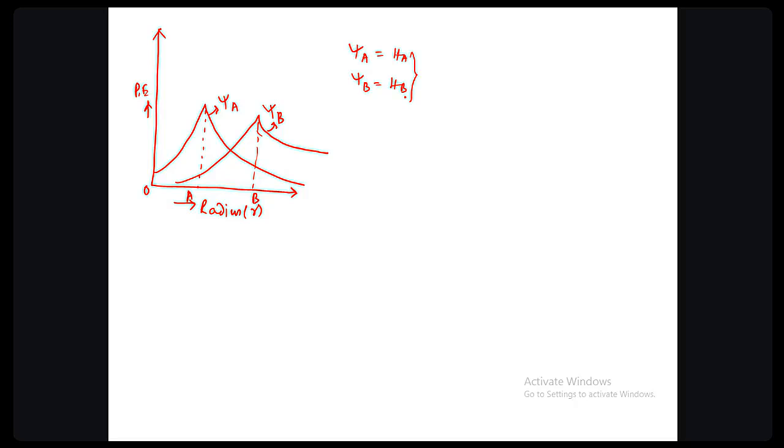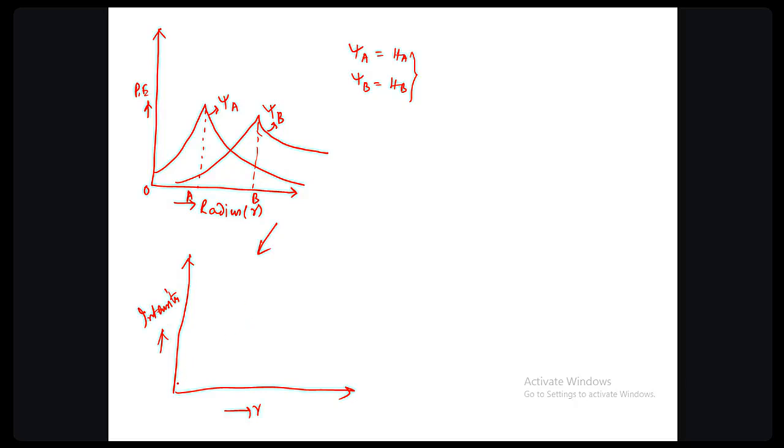Now, when the combination takes place, they form the bonding MO. So what should the bonding MO look like? The two wave functions combine together to form a bonding MO. This is the intensity axis, and this is the radius r. It is the intensity of the overlapping zone.